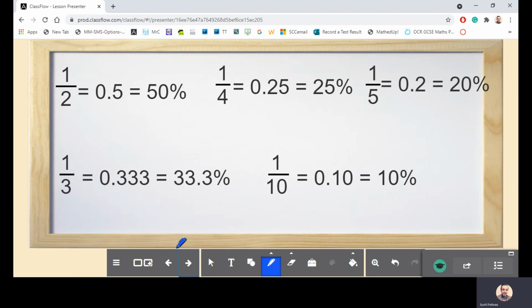That's just my opinion, but I find it a lot easier to work with 0.5, 0.25, rather than trying to add fractions. So if you can remember this slide and memorize these conversions, it's going to make life a little bit easier for you in the exam. You might want to pause this here, write them down somewhere, or take a picture of this so you can quickly recap these conversions.